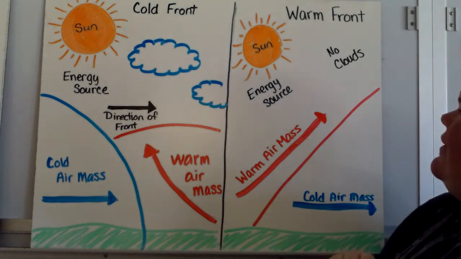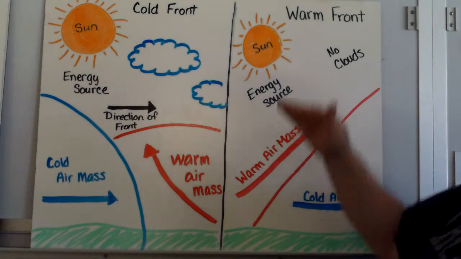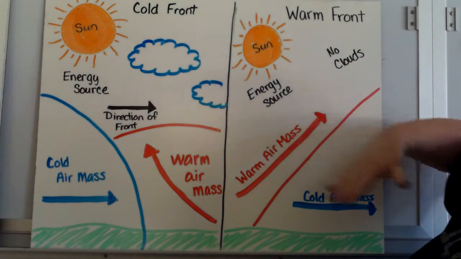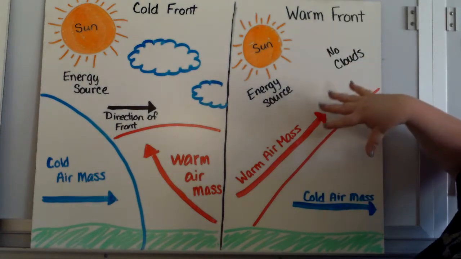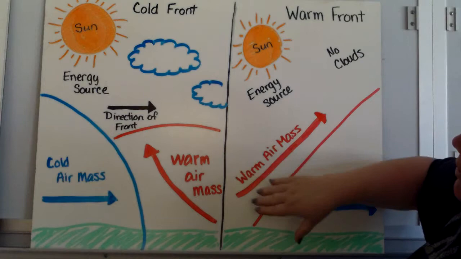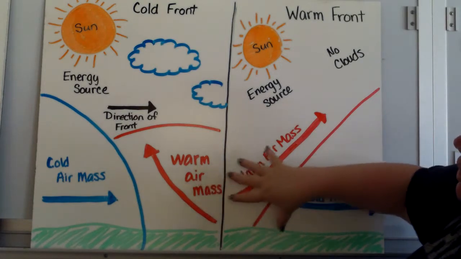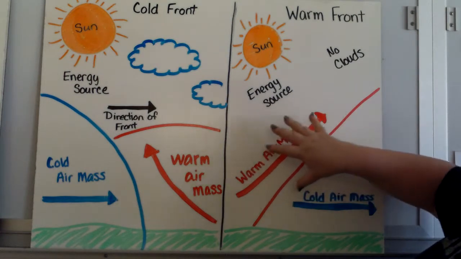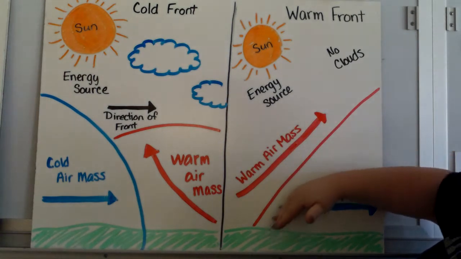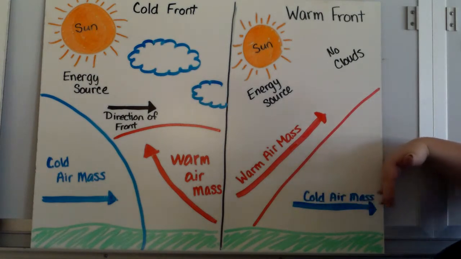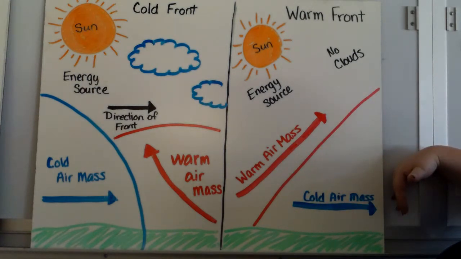The other front that we have is a warm front. Once again, the sun is our driving force of weather, so it's controlling all of this. The sun has the warm air mass, and as the warm air mass comes in, the warm air rises, but at the same time as it's rising, it creates this little diagonal, which is pushing that cold air mass out of the way.